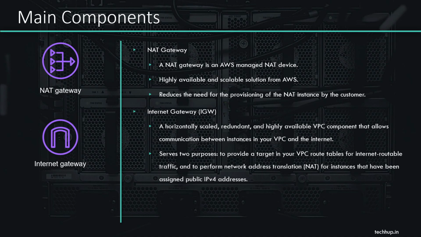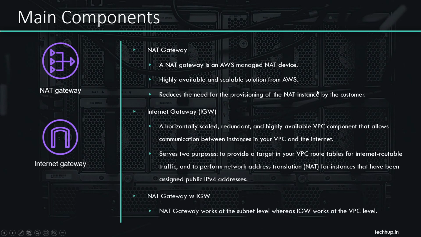So two main functions that it performs are providing access to the internet for VPC resources, and the next function that it provides is that of network address translation. The difference between NAT gateway and internet gateway is that NAT gateway works at a subnet level, whereas internet gateway works at the level of VPC.